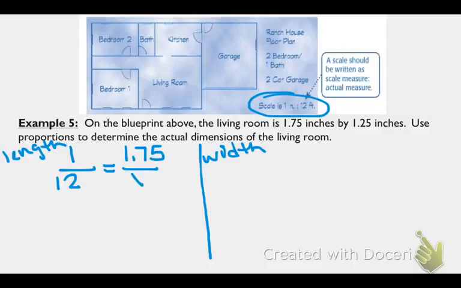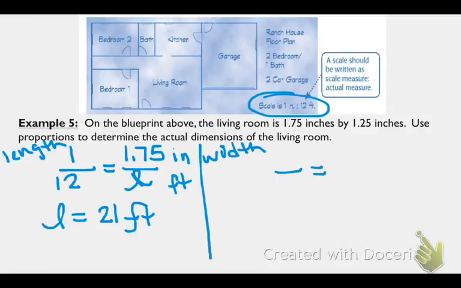And I'm going to actually put an L down here in the bottom so I know it's length. So I'm going to find my cross product. 1 times L is L equals 12 times 1.75, which would be 21. And it's going to be feet because if we remember it was inches to feet. So the length of the living room would be 21 feet.